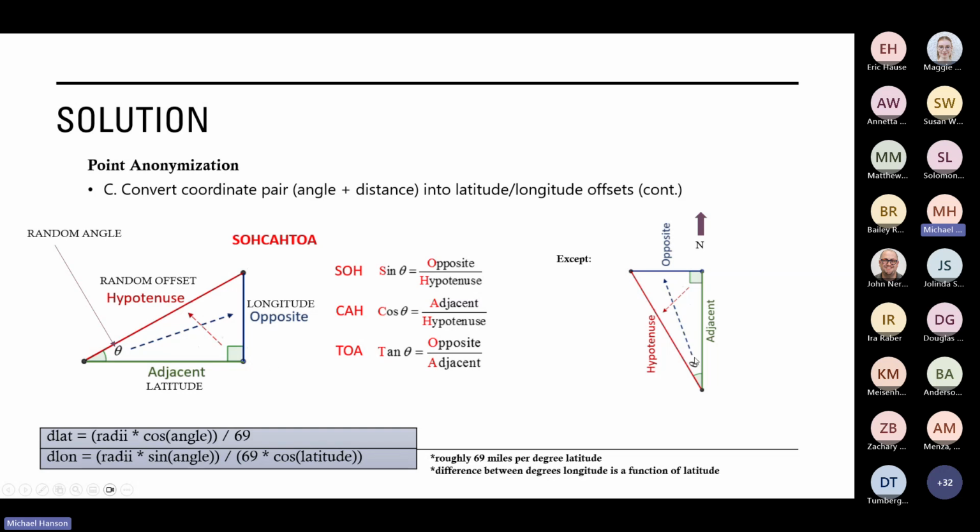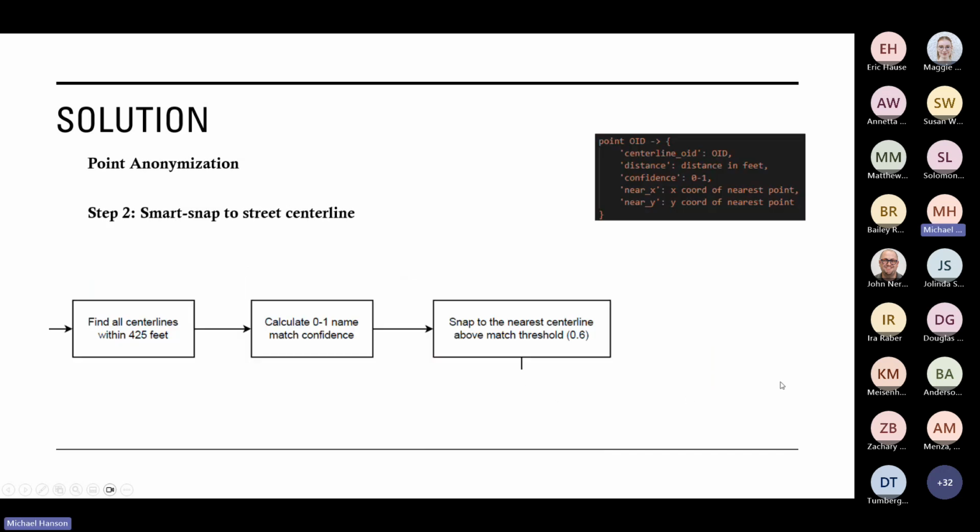And as we know in geography, 0 degrees is technically north. So you really have to just upend that triangle. So that's kind of how I went about calculating those offsets from the angle.